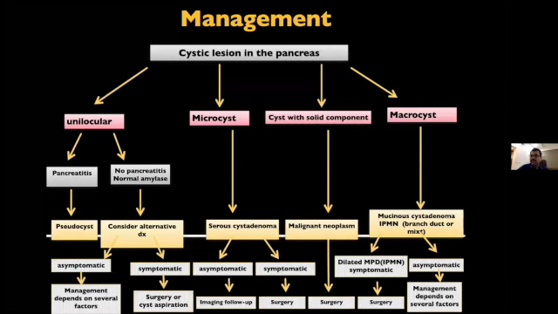If the patient is asymptomatic, you can observe. If it is a mucinous neoplasm, if it is IPMN with dilated main duct, you do resection. If it is a branch duct IPMN, asymptomatic, the size is less than 2 centimeter, you can always observe with imaging. So this is in a nutshell about management of cystic pancreatic tumors.